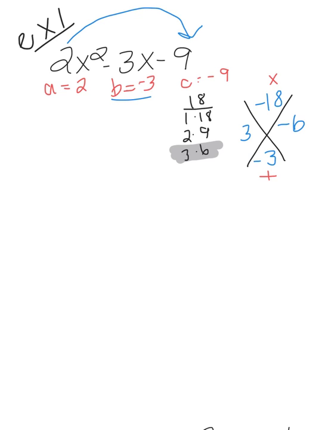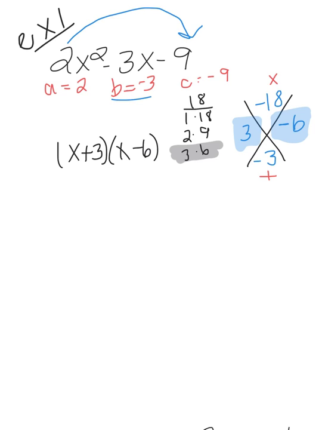So now I know that I can use those two numbers, 3 and -6, to write inside the parentheses. So I have x plus 3 and x minus 6.